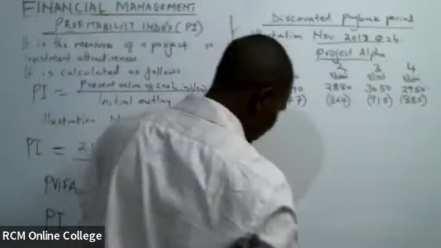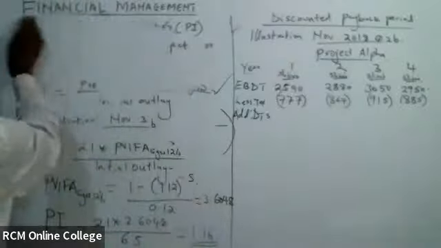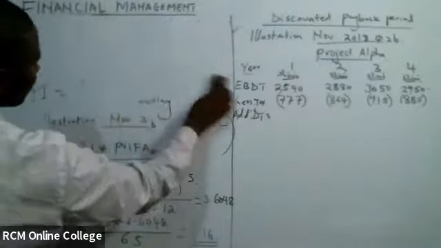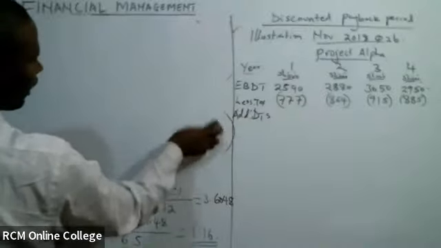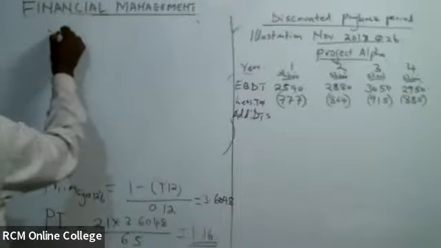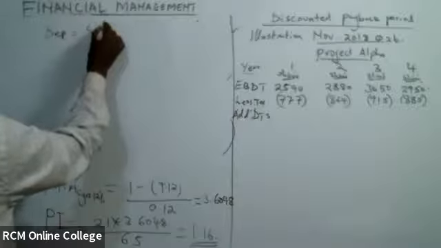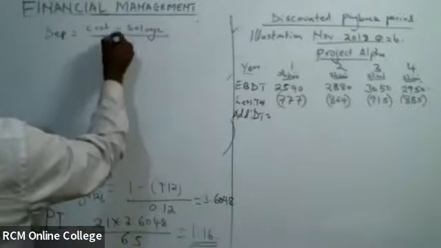So DTS is tax times depreciation. First I have to identify the depreciation for project Alpha. They told us to use straight line, so depreciation is cost minus salvage divided by useful life.